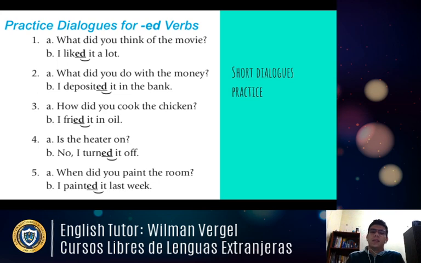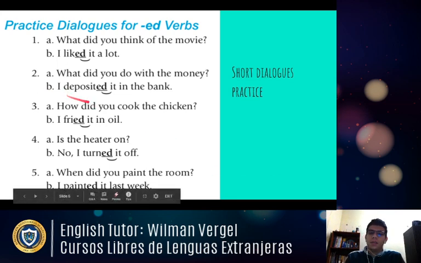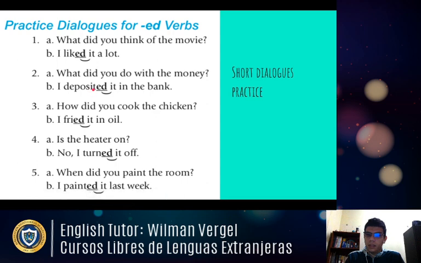So as you can see here, we say deposit in the present because it ends in T. So the past is deposited. And then when we want to link this, we have to say deposited it in the bank. Because if you say deposit, you pronounce the present, and if you say deposited, then it's just the past. You have to say deposited it in the bank.